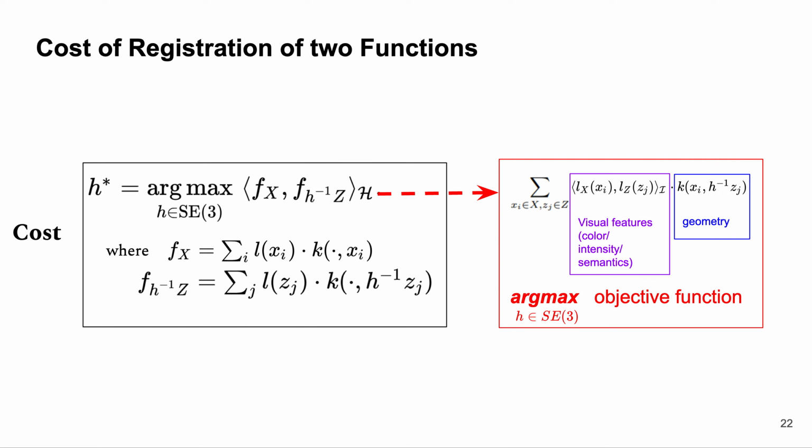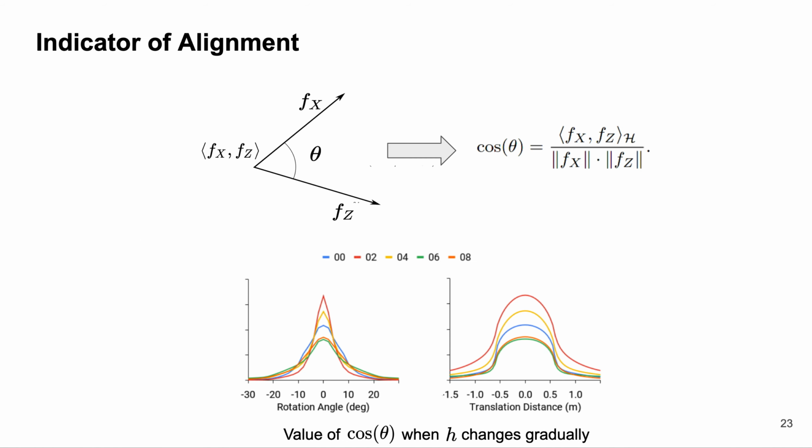We want to perform gradient ascent to maximize this objective function. A nice byproduct of this cost function is that, similar to the normal vectors, we can use the cosine angle between these two functions to measure the alignment of these two point clouds.